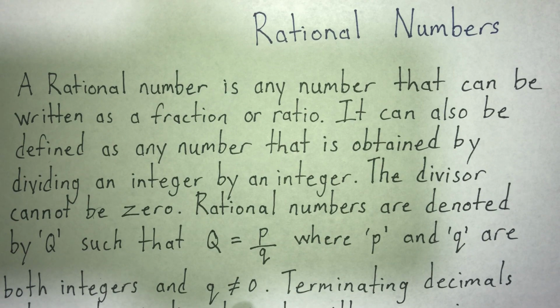So q is not equal to 0. If you divide a number by 0, that is undefined. That's the reason why q cannot be equal to 0, because that would be undefined.